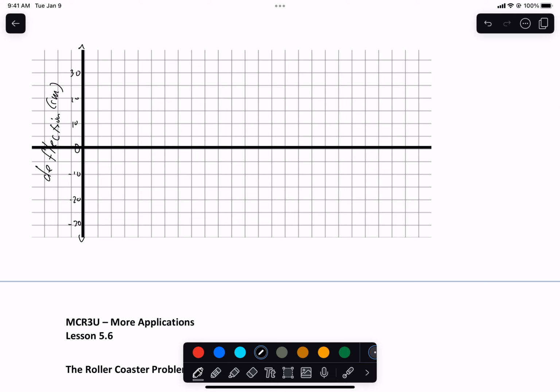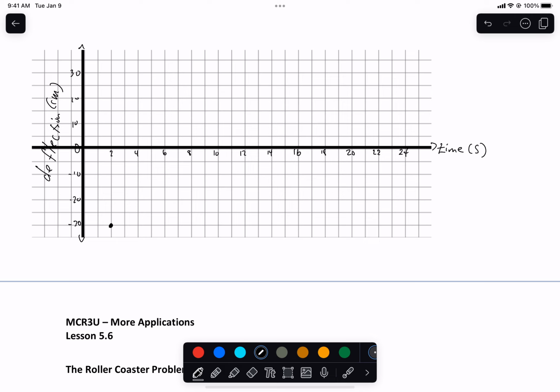Then I'm just going to count by twos along in terms of time: 6, 8, 10, 12, 14. Okay, so there's 24 seconds. This is going to be time in seconds.